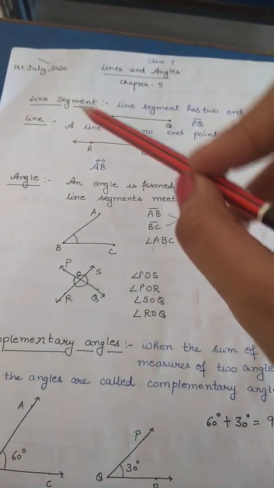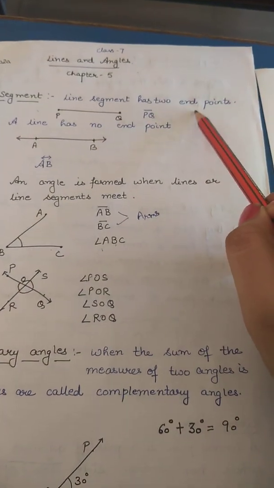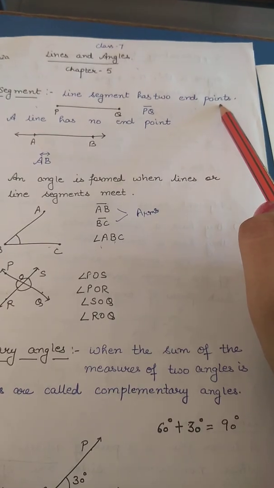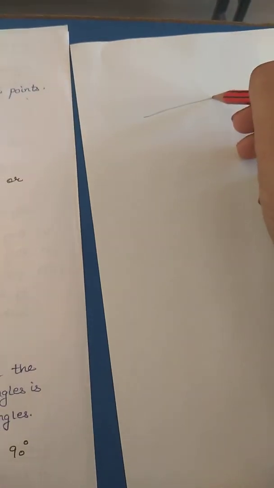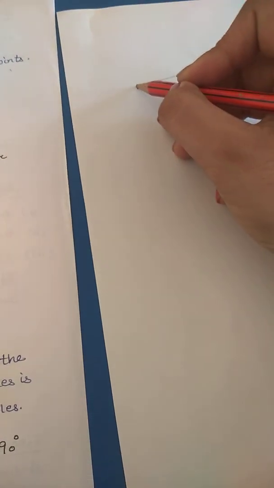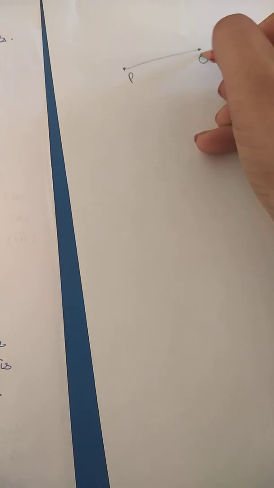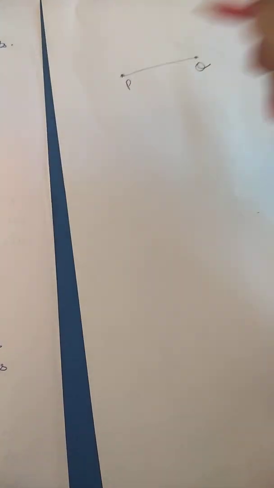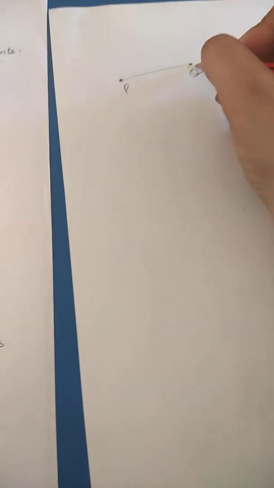Now, see, line segment. A line segment has two endpoints. Suppose this is a line and these are two endpoints P and Q. We have already given that P and Q are their two endpoints.